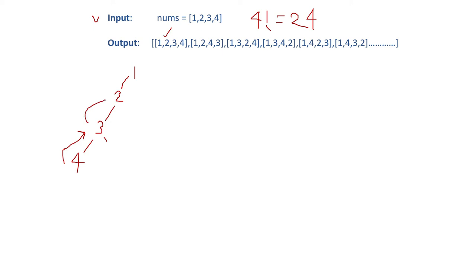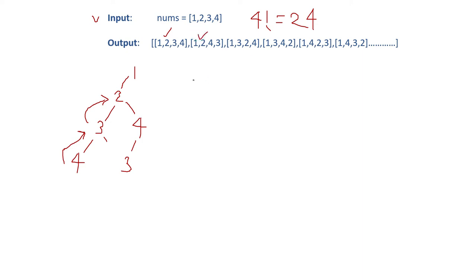Again we have to backtrack. From 2, we started with 3, so is there any other choice? Yes, we could have started with 4 also. So then we fix the position of 1, 2 and 4. Then we check what other things we can place. Obviously it is 3. That means we got another combination: 1, 2, 4, 3.